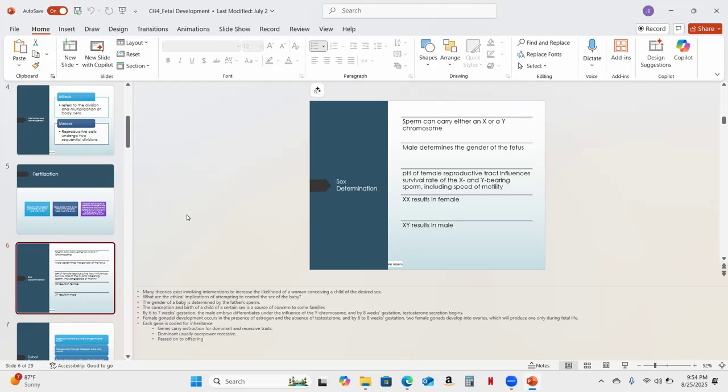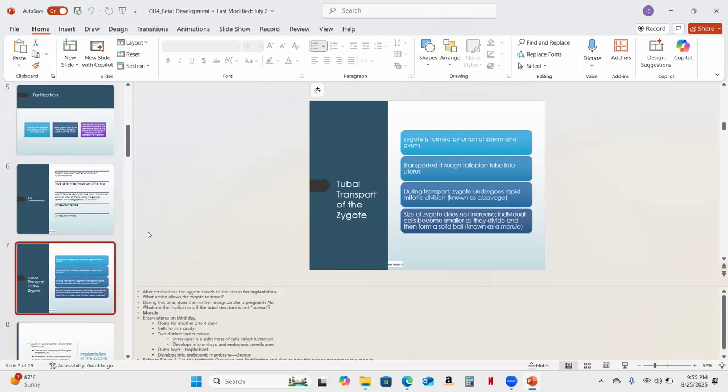And then also, in addition, there is some research coming out that the pH and the environment of the female reproductive tract, the vaginal canal, the pH can affect the survival rate of the X or Y sperm. So that's something that's kind of interesting. Okay, so the zygote was formed from the sperm and an egg, and then it's formed in the fallopian tube, travels down to the uterus.